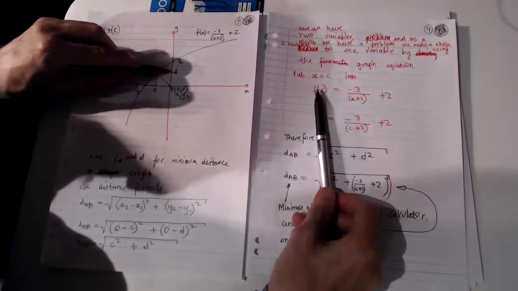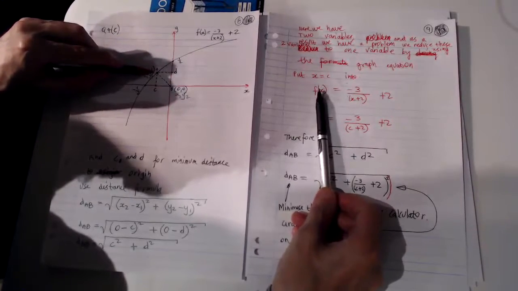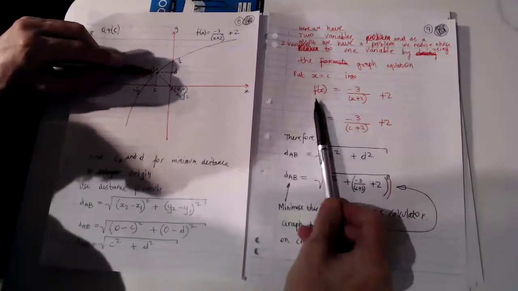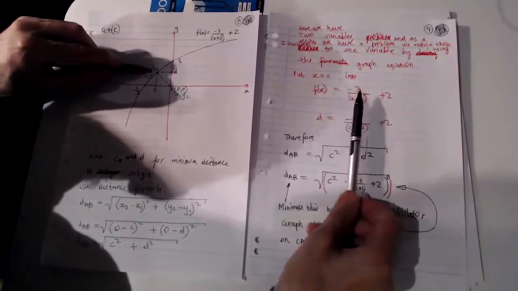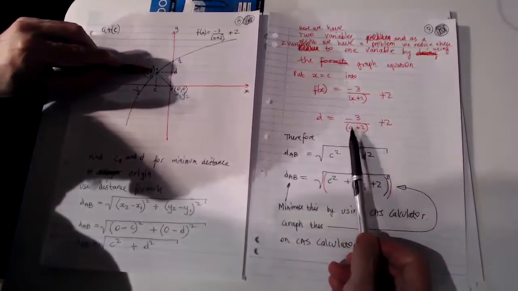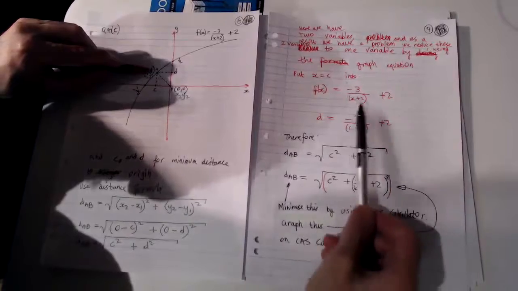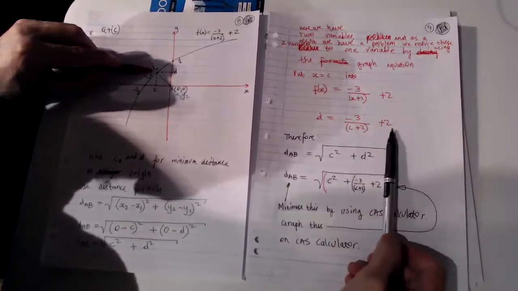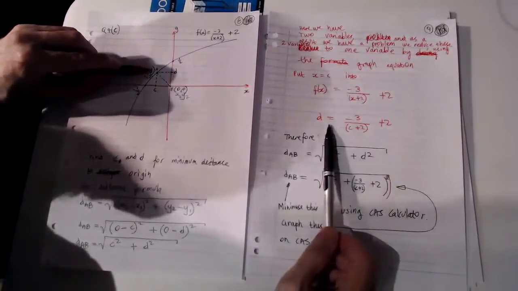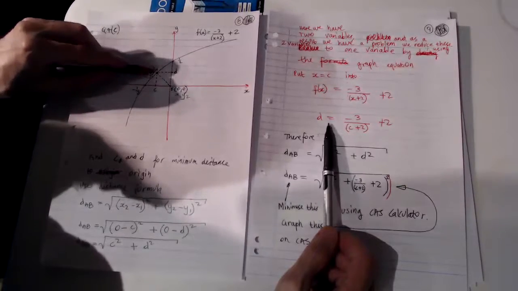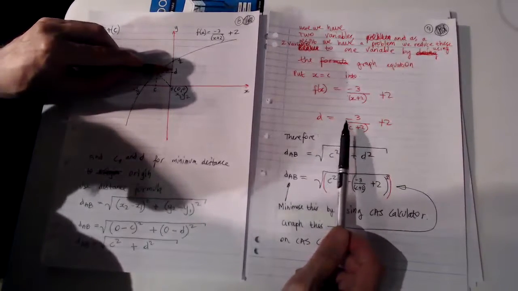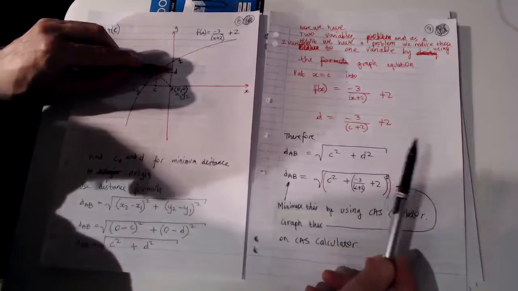So we put x equals C into the f curve equation, and D is equal to negative 3 on (C plus 2) plus 2. So now we know that when x equals C, D is equal to negative 3 on (C plus 2) plus 2.